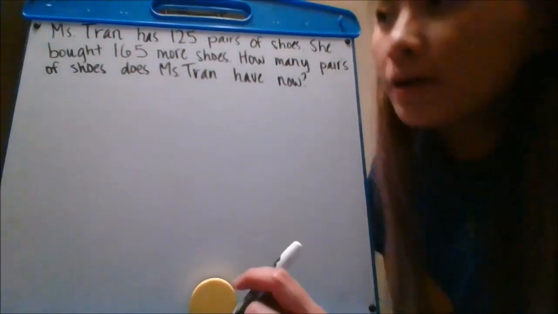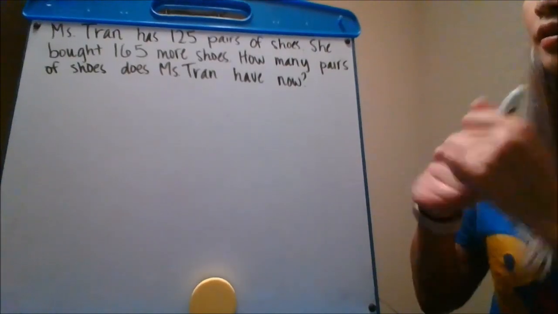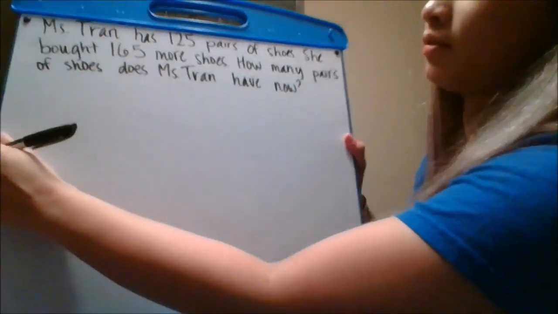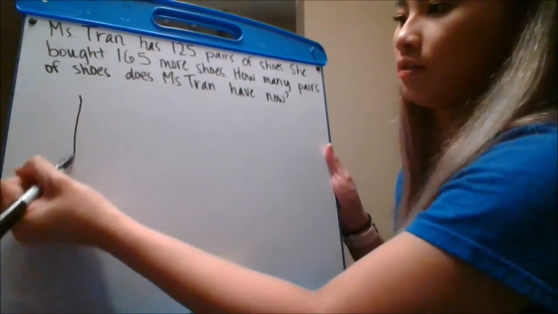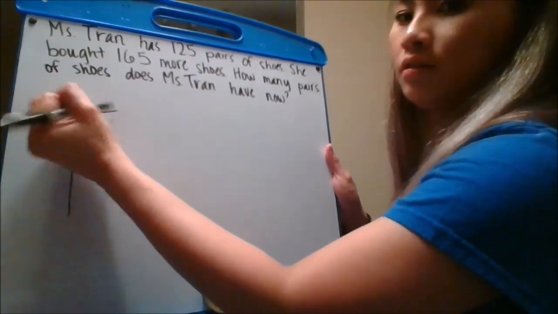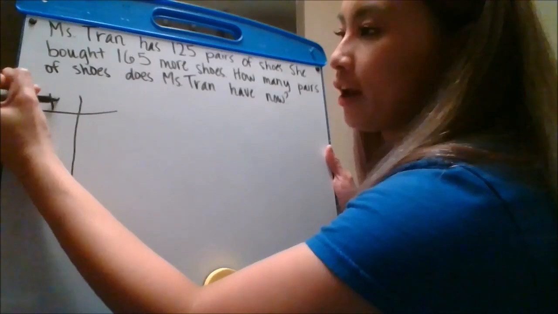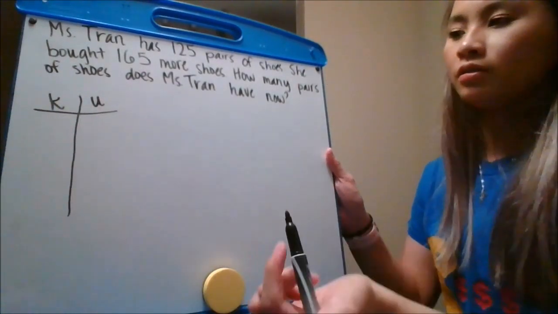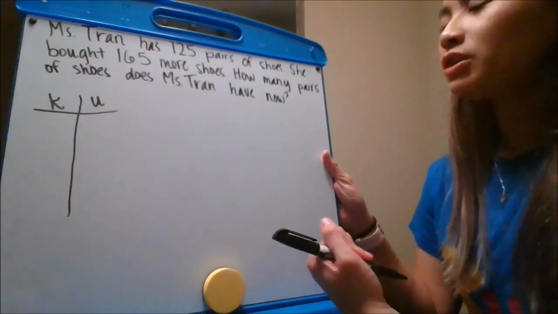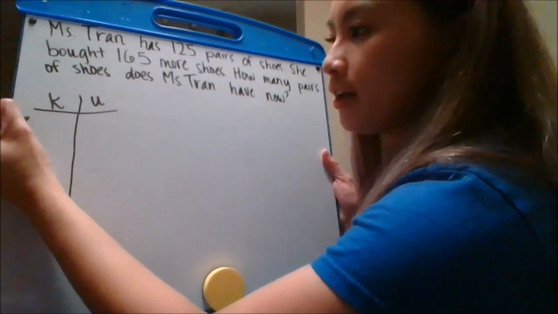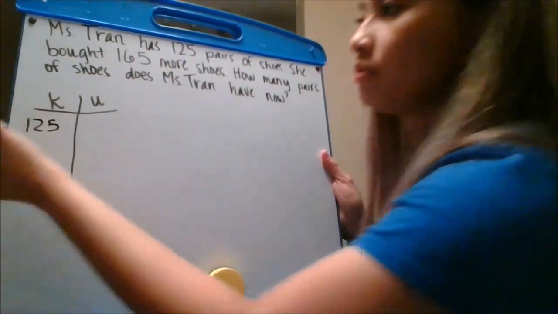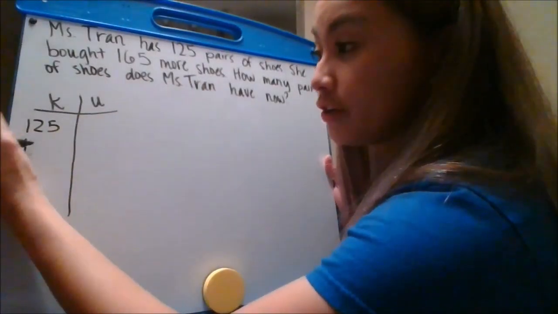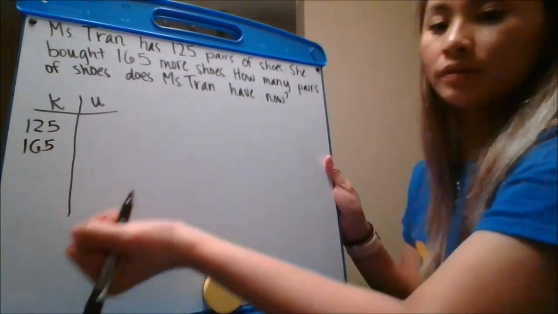All right, so let's go ahead and double check our work. Let's go ahead and draw our chart again. Remember, K is for known and U is for unknown. Well, we know that Miss Tran has 125 pairs of shoes and she bought 165 more shoes.